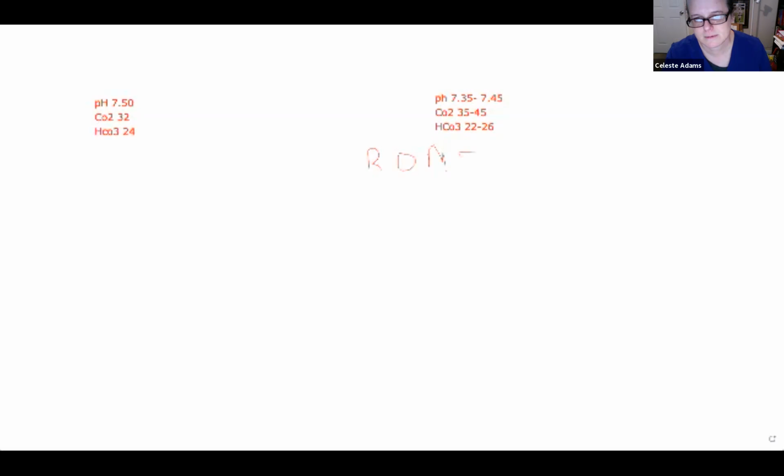Respiratory, opposite. I'm going to abbreviate for time's sake. Metabolic, equal or same. Sorry about my handwriting here.